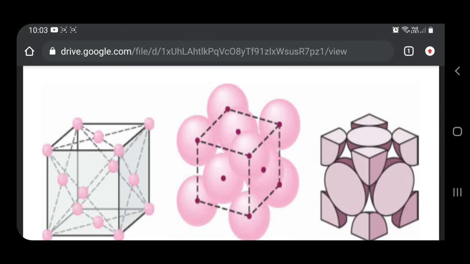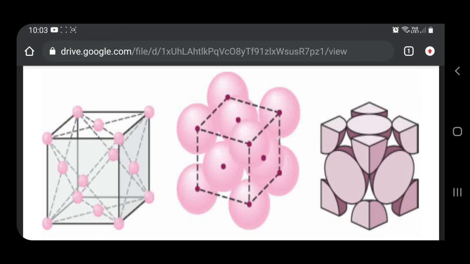And the last one, face centered cubic. You can observe how it looks. At each face only half of the atom belongs to this unit cell; the remaining half belongs to the adjacent cell.